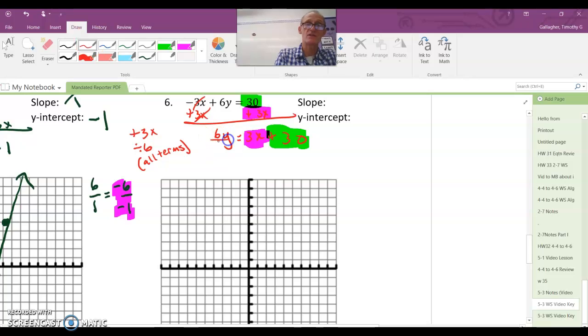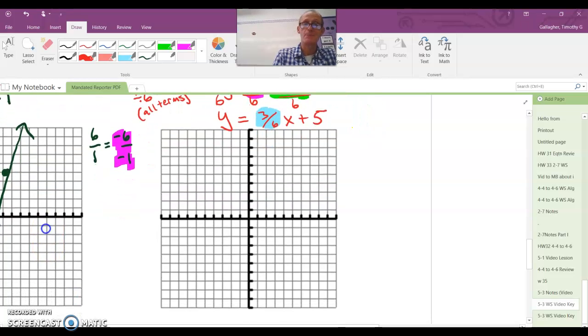All right, dividing by 6. So y equals 3 over 6, x plus 5. Now, 3 over 6 is 1/2. So for the slope, I'll write 1/2. See? And the y-intercept is 5. All right.